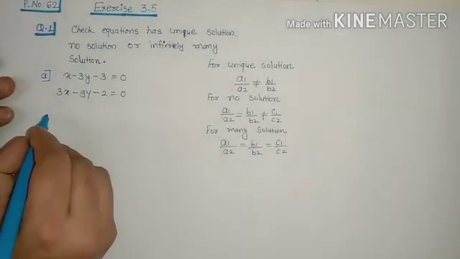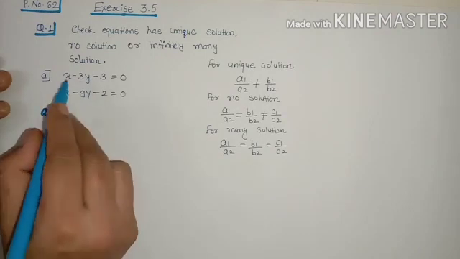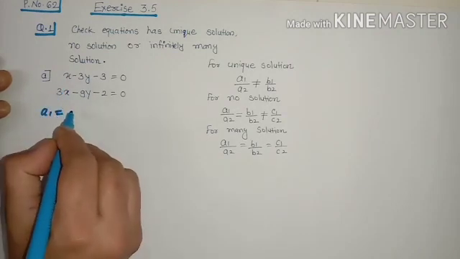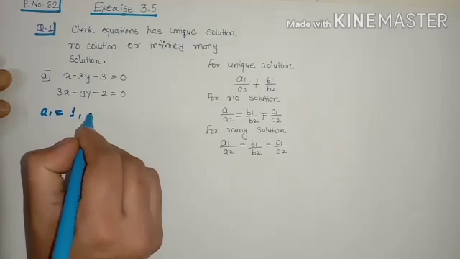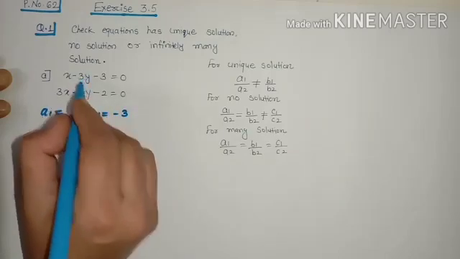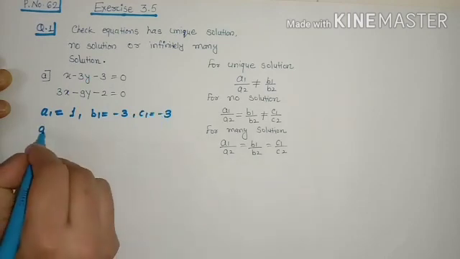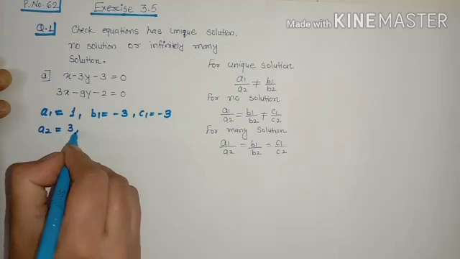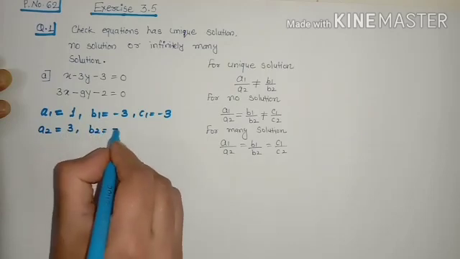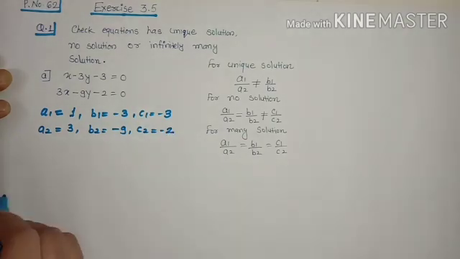Here, as you can easily see, the value of a1, the coefficient of x from the first equation, is 1, b1 equals minus 3, the coefficient of y from the first equation, and c1 equals minus 3. a2 equals 3, b2 equals minus 9, c2 equals minus 2.